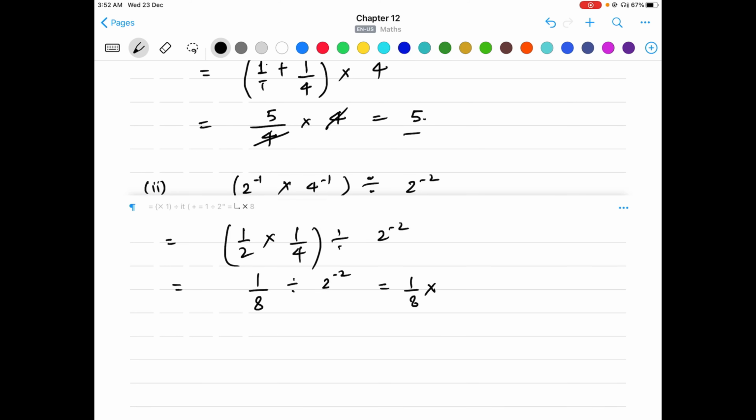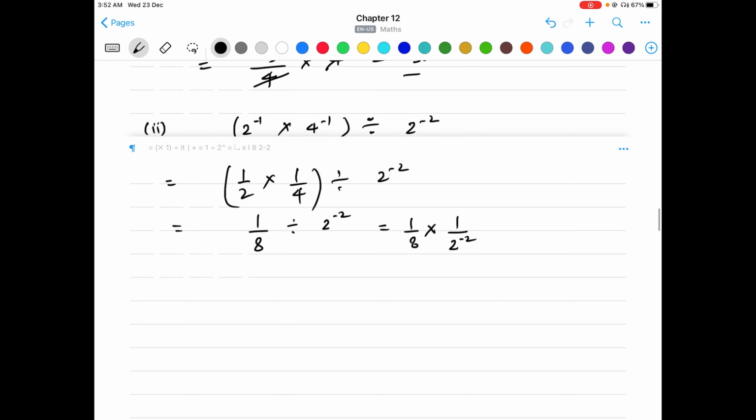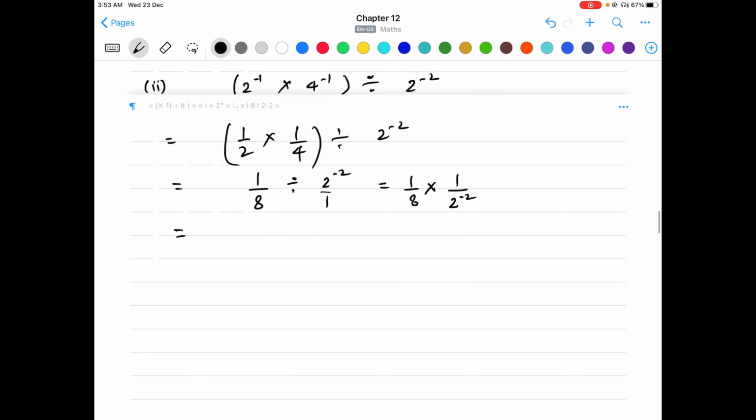Or we can write this as a multiplication, where this will come back to the denominator. We have changed this division to multiplication by reciprocating this number. We have not shifted this number, so its power will still be minus 2. We have just changed this division to multiplication.